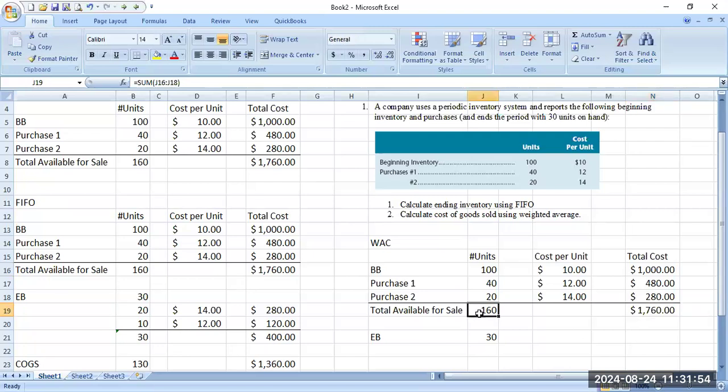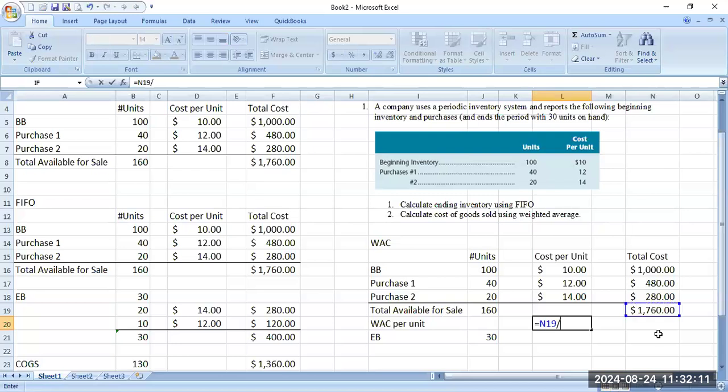That's the cost, so units 160. The question is, what's the weighted average cost per unit? Well, we can easily calculate. That will be 1,760 divided by 160 units.